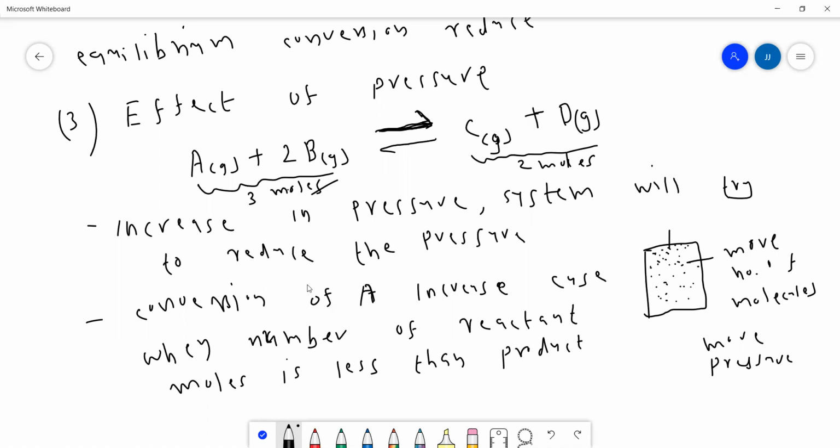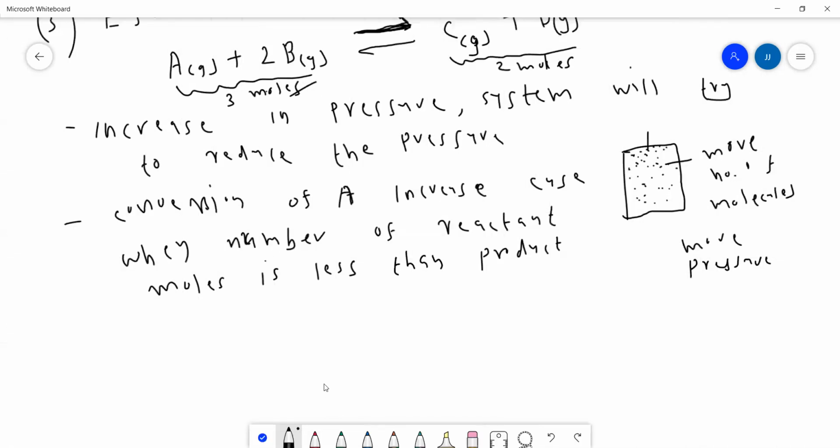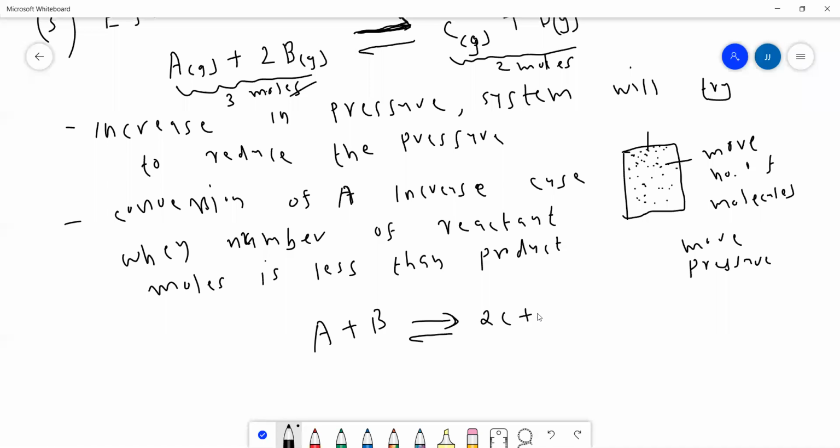But what happens if we have this kind of reaction? For example, let's say we have A plus B reversibly giving 2C plus D, all in the gas phase.